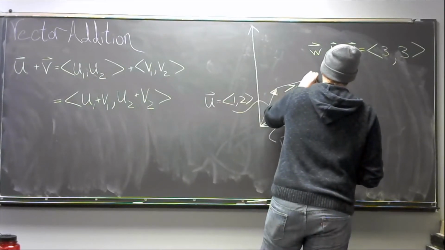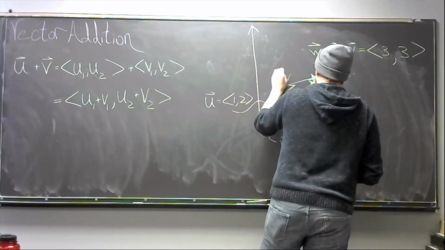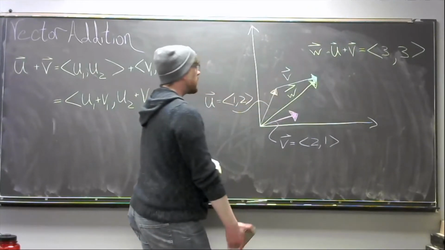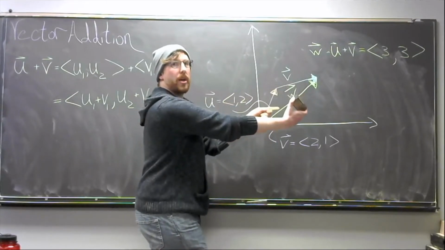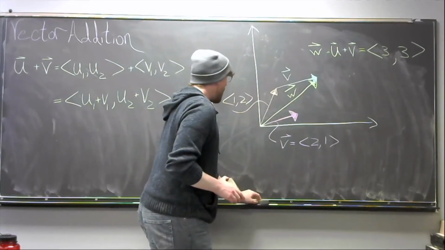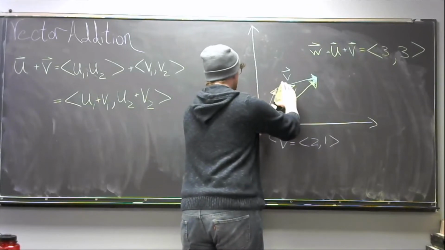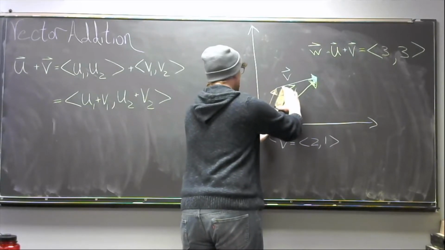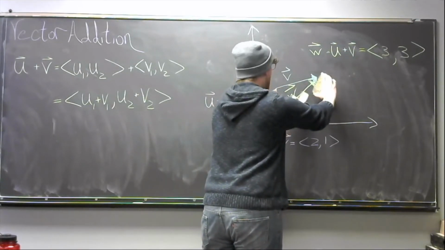So if we were to move the vector v up here, its terminal end would be touching the terminal end of w. And if we were to do the same trick, but with u, the same thing would happen.